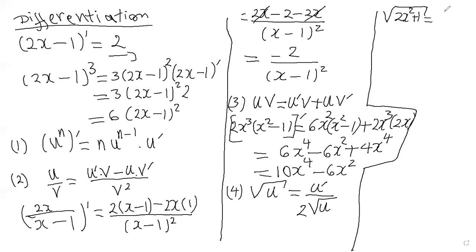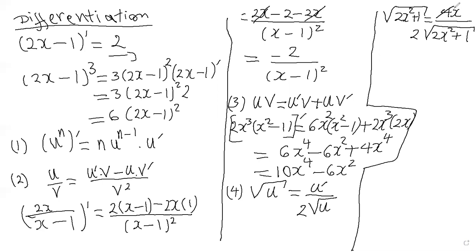Now what you do, we have a 2, you derive first this, you will have what? 2 times this will be 4x, the derivative of 1 is 0, all over 2, then you bring this one there, square root of 2x squared plus 1.